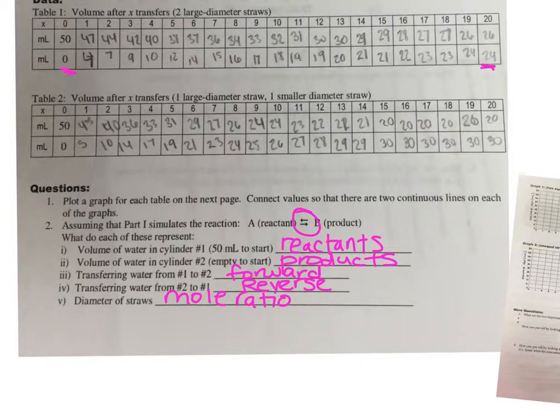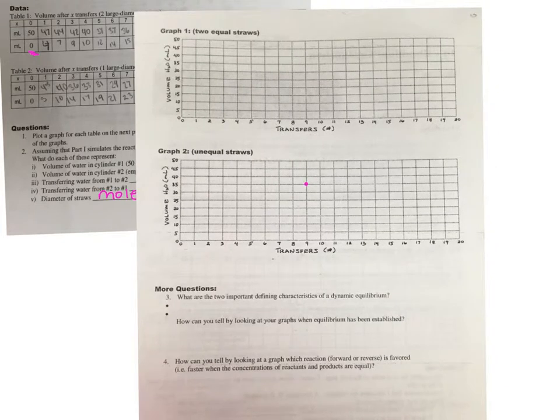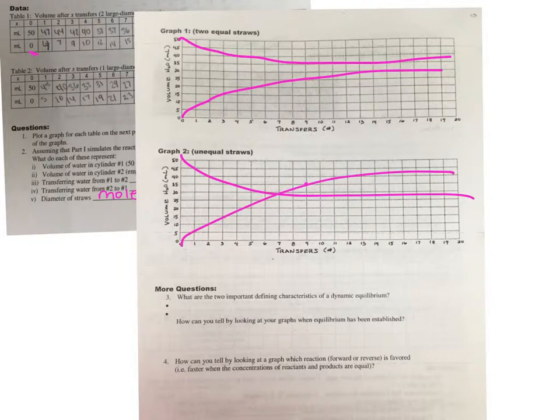All right, so your homework this weekend was to take that data and graph it on here. For the most part, you ended with graphs that looked like this, and some of y'all's didn't cross, some of them did cross. This one for sure crossed, so that was cool. But in the end, all of them just evened out, right?